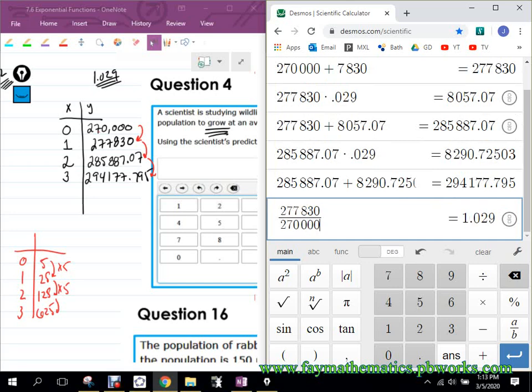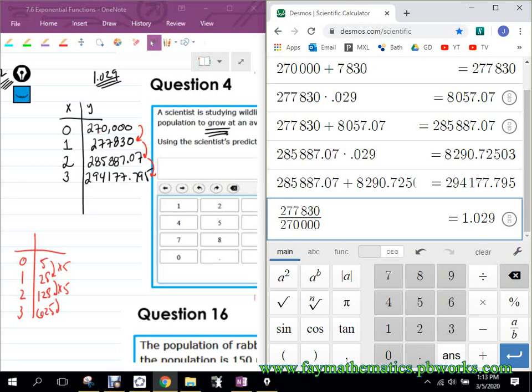Does that make sense? Because if I didn't know that 5 times 5 was 25, I could have taken 25 divided by 5, gives me 5, or 125 divided by 25, gives me 5. So we see that 1.029 is the ratio between these first two numbers.